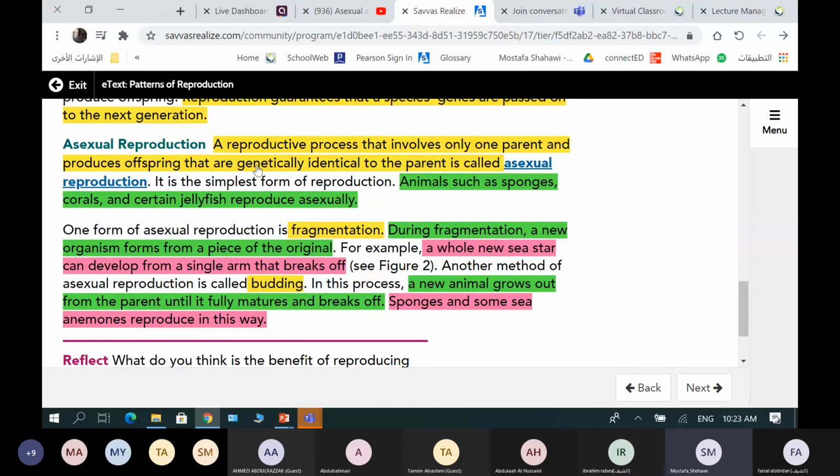All of these are types of organisms that reproduce asexually. Also bacteria and euglena, or some protists, reproduce asexually.